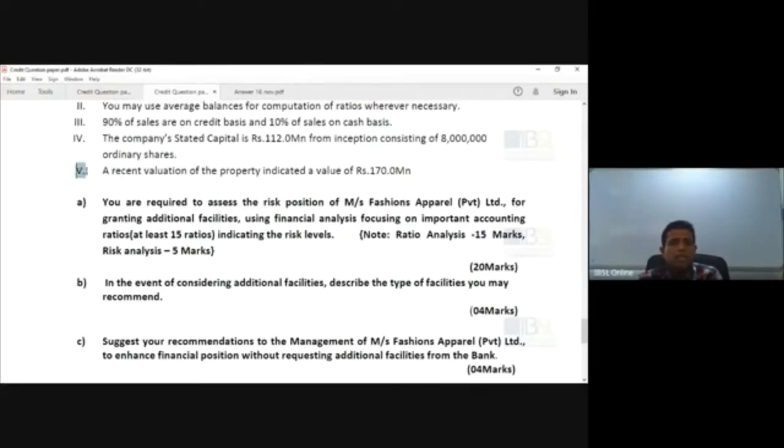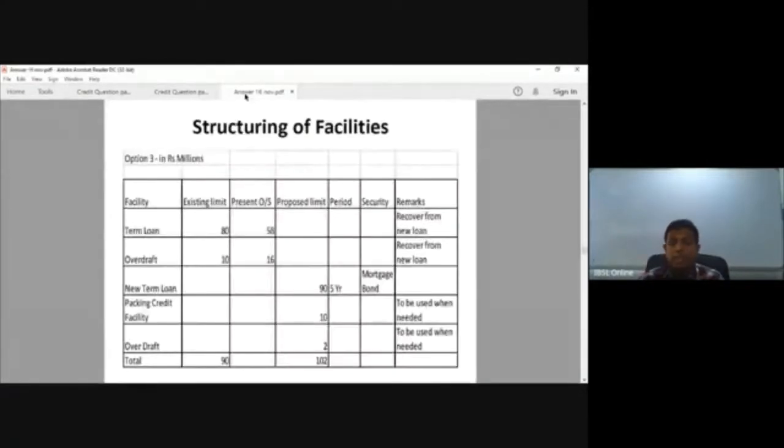Under note number 5, a recent valuation of the property indicated a valuation of 170 million. If you take the new valuation 170 million, take 60% of it, it will be 102 million. Now, using that 102 million limit, we can introduce few facilities.